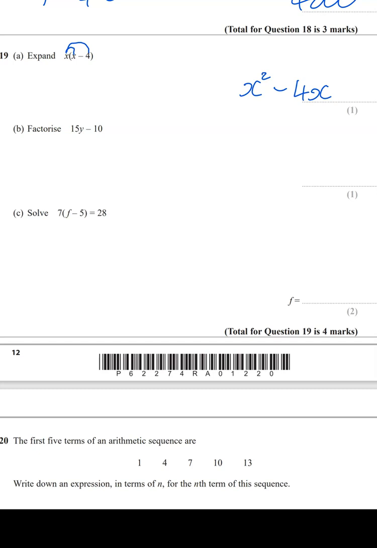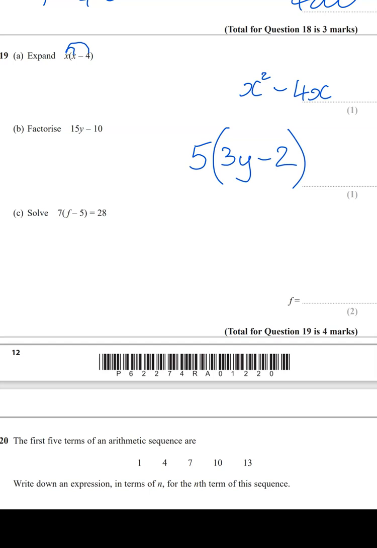So the highest number that can go into 15 and 10 will be 5. And then in your bracket, what are we going to multiply by 5 to get this? So we'd multiply by 3y. 3 times 5 is 15. Sign stays the same, and we need a 2, because 5 times 2 gives you the 10.